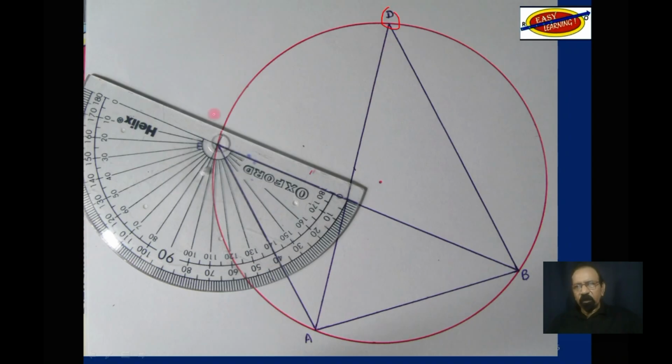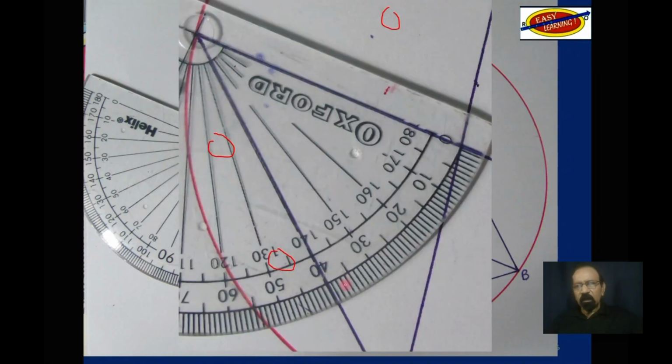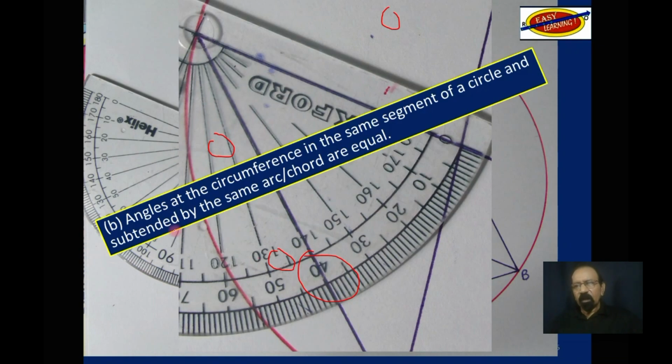Instead of that point, we use this point. We measure this angle here, and we get 40 degrees. So, angles at the circumference in the same segment of a circle and subtended by the same arc or chord are equal. That's the second circle theorem.